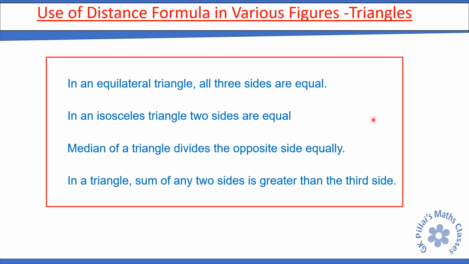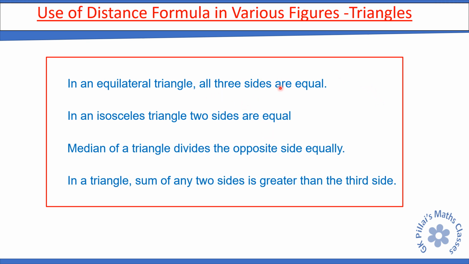Here, suppose you are given a triangle in which the three coordinates are given. If it is a triangle ABC, the coordinates of A, B and C are given. With the help of distance formula, we will find AB, BC and AC. Now let me tell you about these things.